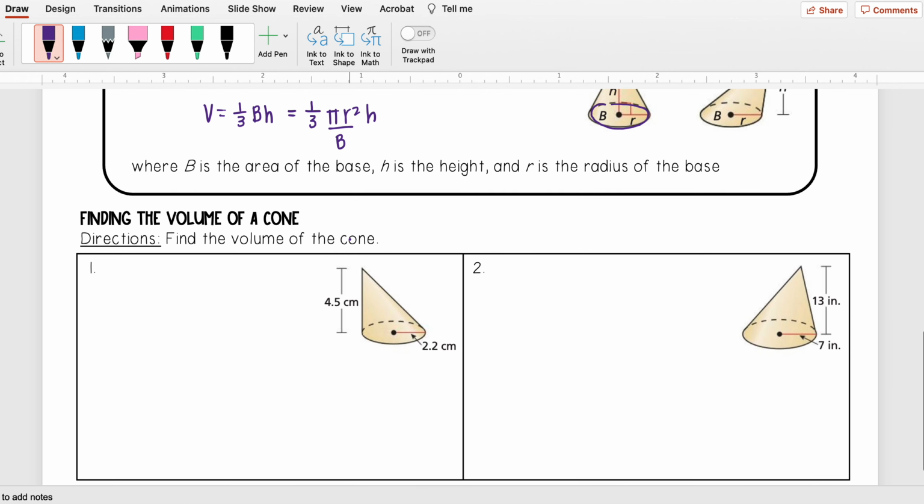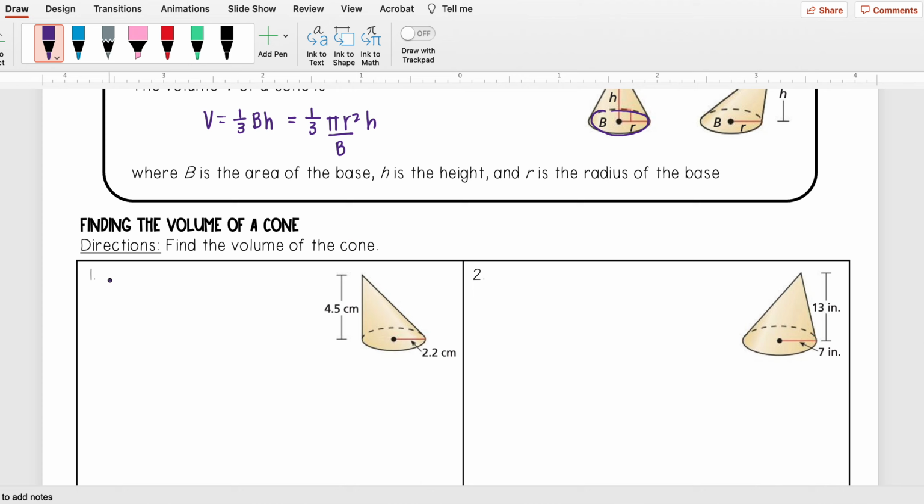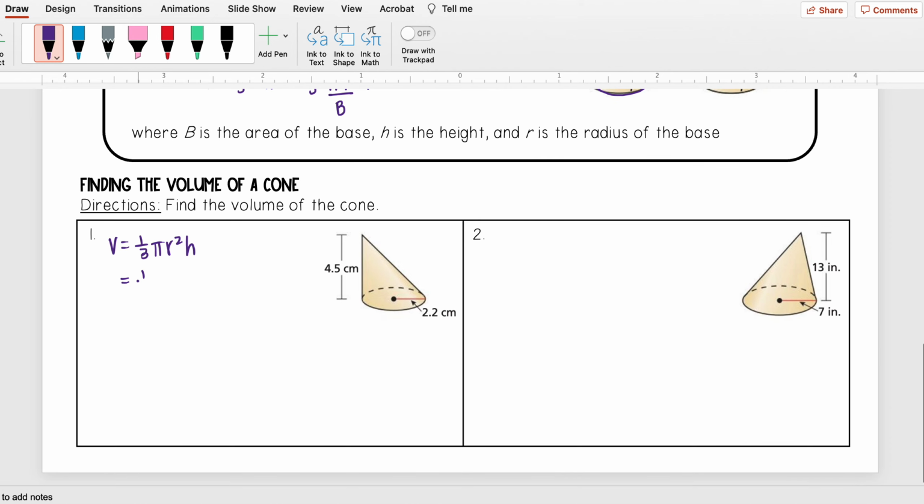So for both of these, I want to find the volume of the cone. So again, I know that volume is equal to 1/3 pi r squared h. Here I say that the radius of my base is 2.2, so I have 2.2 squared. And I say that my height is 4.5. And so when I do 2.2 squared, I get 4.84.